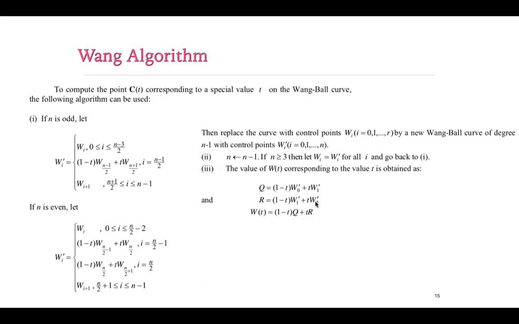This is the Wang algorithm, but we don't like this form. This form is difficult to implement, so we use, okay, the Wang algorithm requires (3n-1)/2 additions and 3n-1 multiplications.